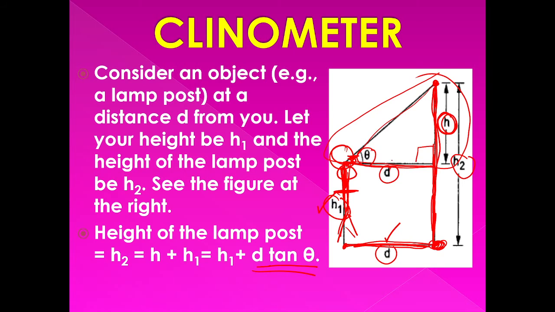Take note, you are given D and H. And with respect to theta, what is D and what is H? With respect to theta, what is H? Is it opposite? Is this adjacent? Is this hypotenuse?